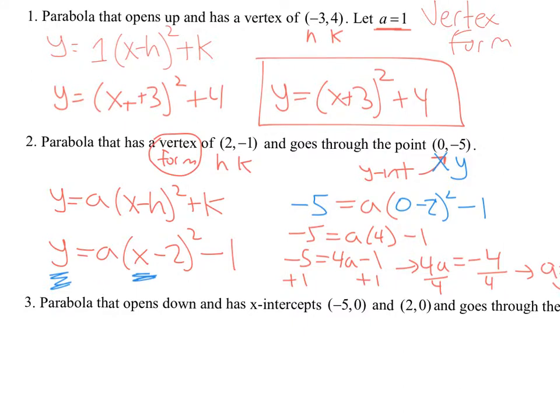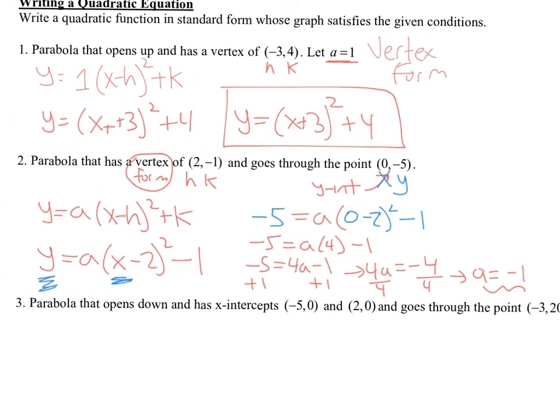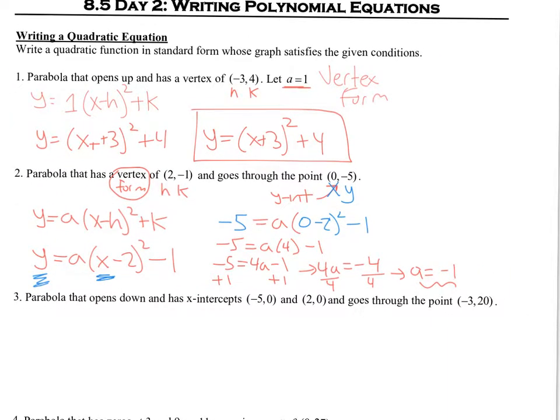So that's going to be negative 1 there. So my final answer is, let's zoom out, y equals negative 1 times x minus 2 squared minus 1. You could, of course, not write the 1 and just write the negative symbol, negative x minus 2 squared minus 1. So, a little bit easier, I tell you what a is. A little bit harder, you have to solve for it.